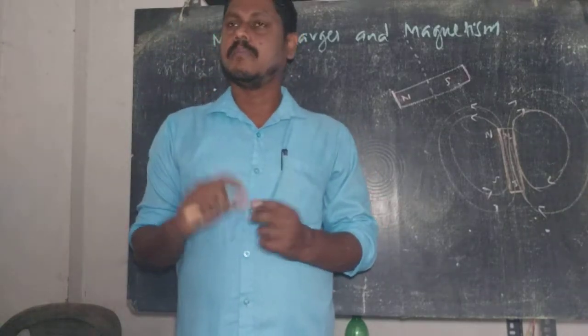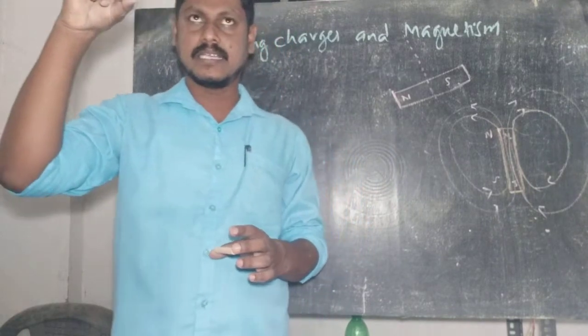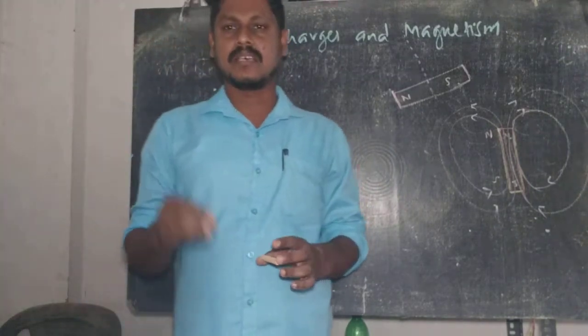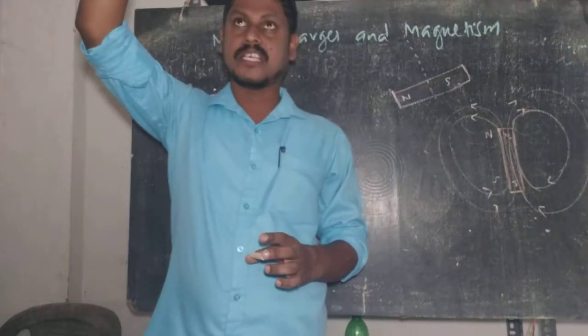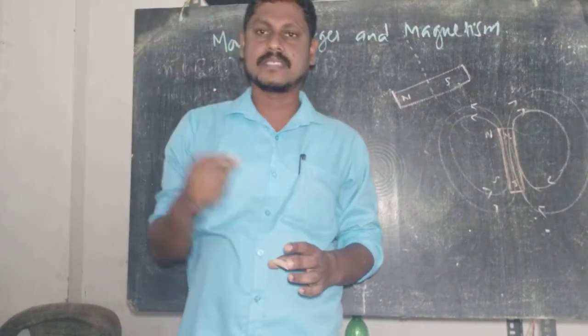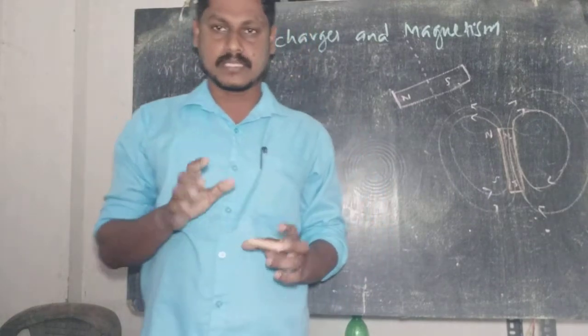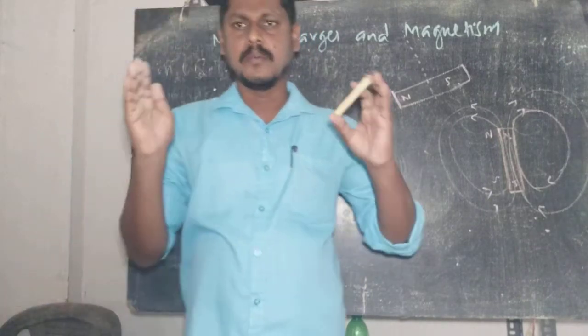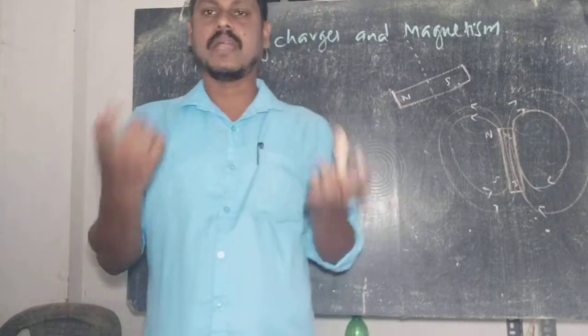Magnets are the materials which have the ability to attract some iron filings, and when suspended freely on earth's surface, they always align in the north south direction of the earth. So magnets are the materials which show magnetism. What is magnetism?